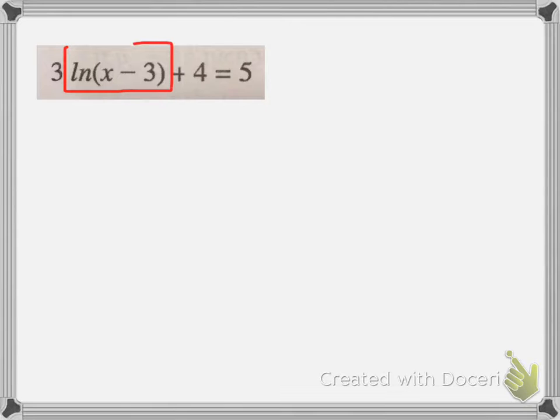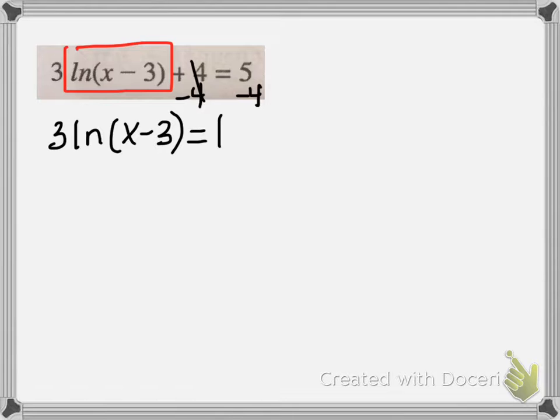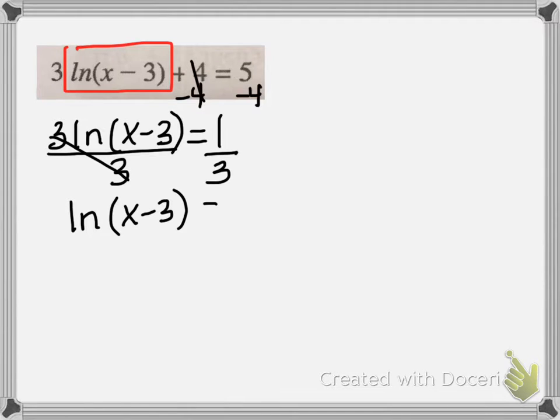So we need to get just the ln of x minus 3 by itself, so we need to actually move these pieces around. So I need to subtract 4. So this is going to be 3 ln of x minus 3 equals 1. And then I'm going to divide by 3. So that leaves me the ln of x minus 3 equals 1/3.